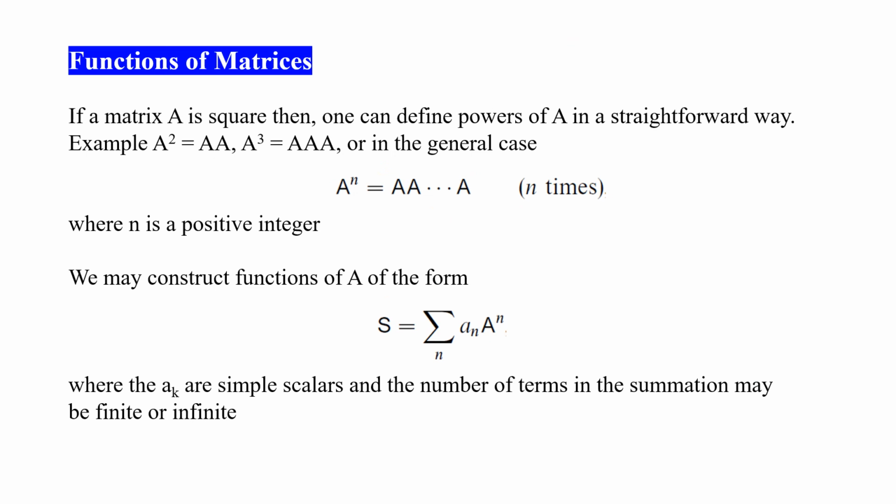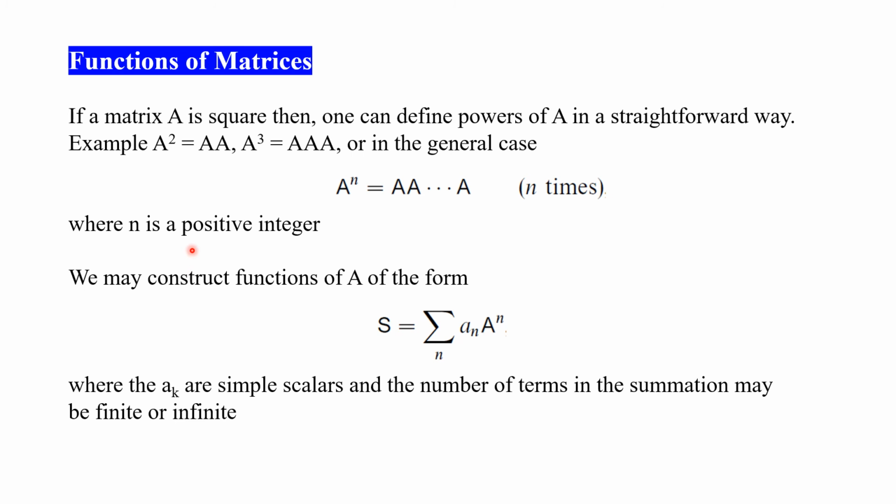Some functions of matrices. If a matrix A is square, then one can define powers of A in a straightforward way. For example, A squared is just equal to A times A. A cubed is equal to A times A times A. In general, A to the n is A times A and so on, multiplied n times, where n is of course a positive integer.